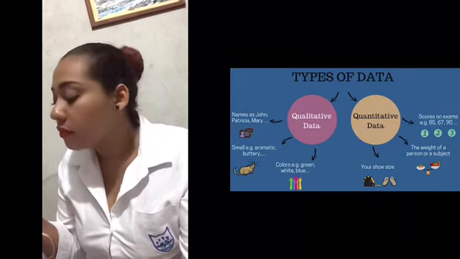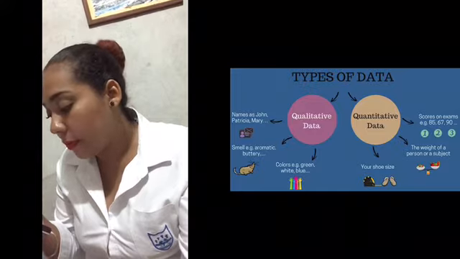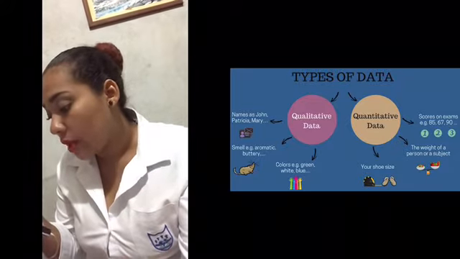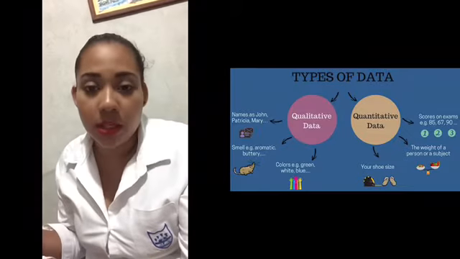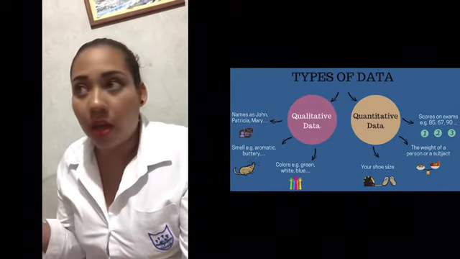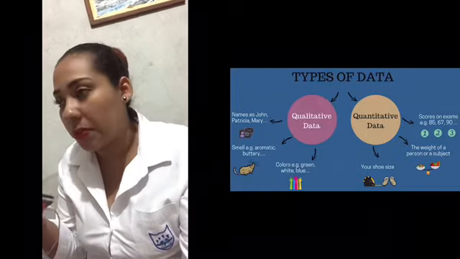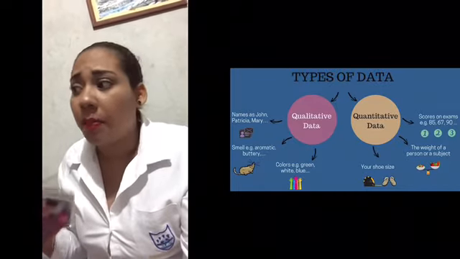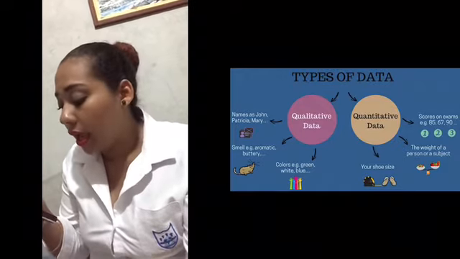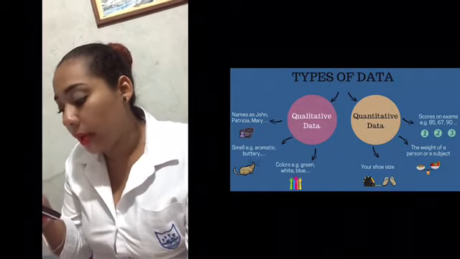Now the other type of data is qualitative data, that refers to names, all types of things. It could be names of cities, places, persons. And the other one could be smells.